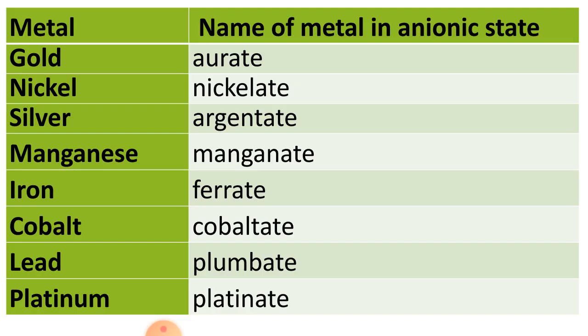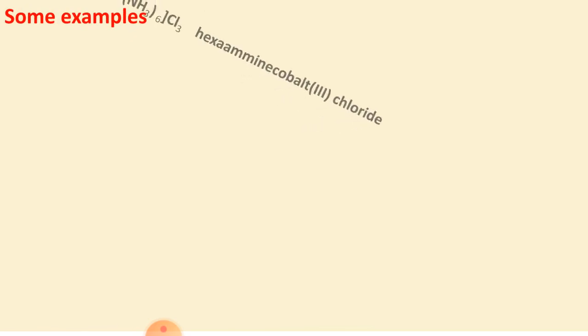Then gold is named aurate, nickel is nickelate, silver is argentate, this is the Latin name of silver, manganese is manganate, iron is ferrate, ferrum being the Latin name of iron, cobalt is cobaltate, lead is plumbate, plumbum being the Latin name of lead, and platinum is platinate. By this way you can change the name of an ionic complex having the central atom.